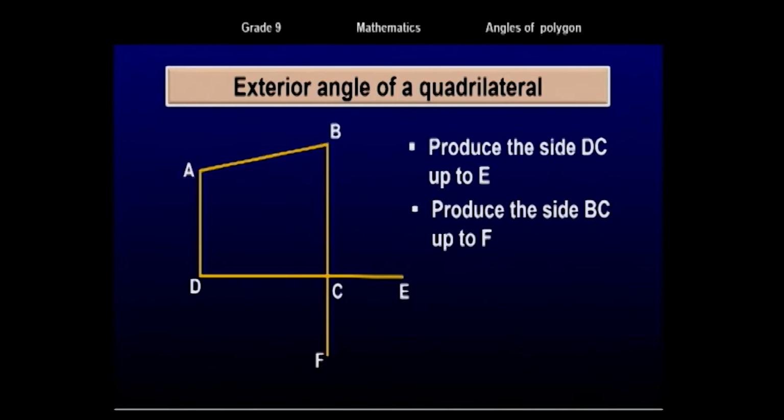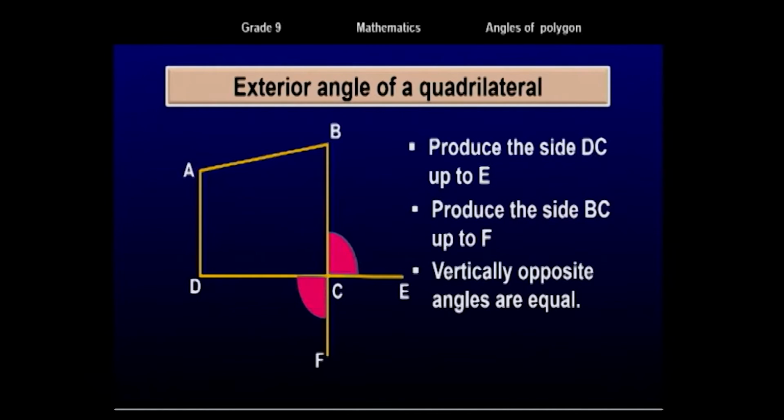What are the exterior angles? Yes, BCE and DCF. Those are vertically opposite angles, so they are equal. Here also ECF and BCD are equal. Why? Because BCD is the interior angle, and those are vertically opposite angles.